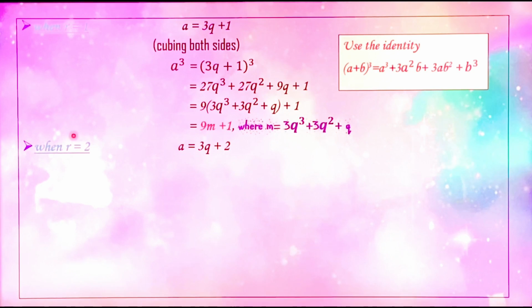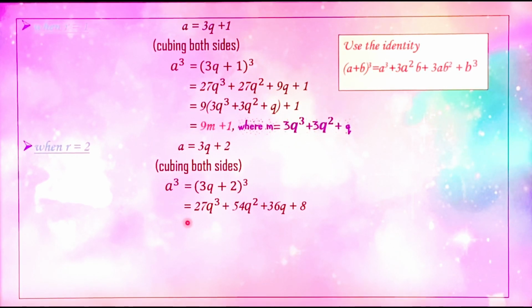Again, when r equals 2, we get a is equal to 3q plus 2. Cubing both sides, we get a cube equals (3q plus 2) the whole cube. Applying the identity, we get a cube equals 27q cube plus 54q square plus 36q plus 8.